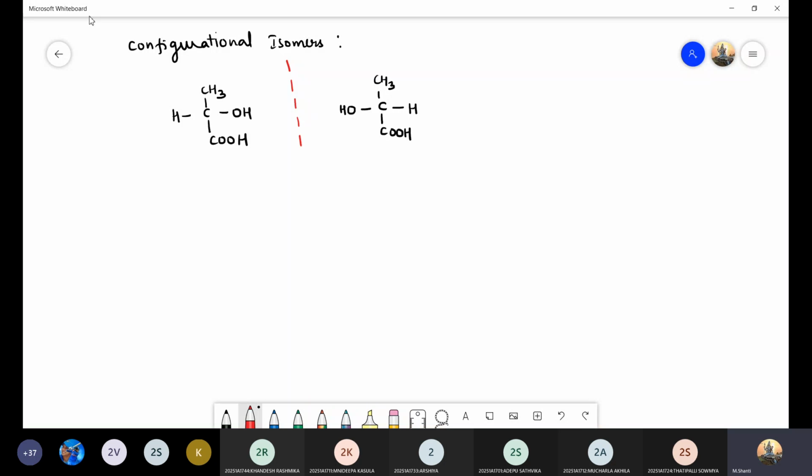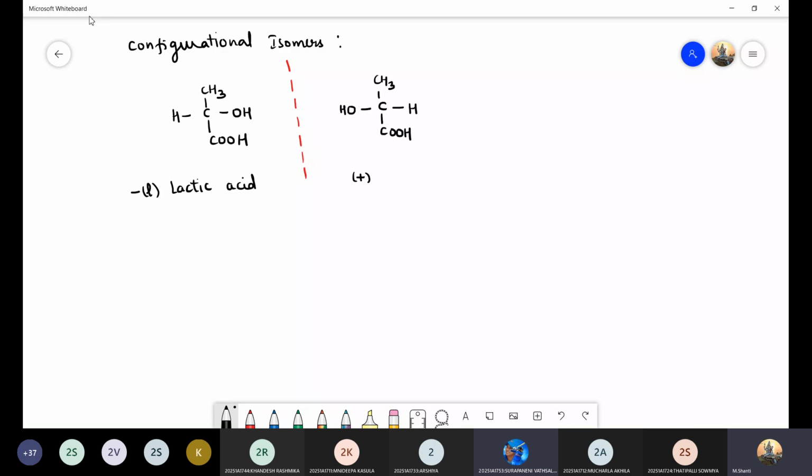What am I drawing in red lines? What does that indicate? Mirror, ma'am. We are representing a mirror.